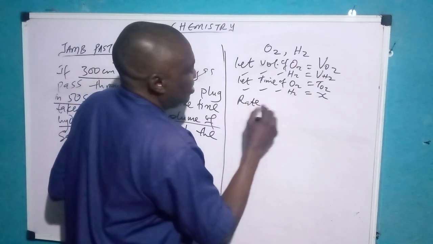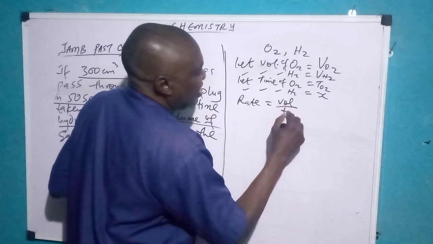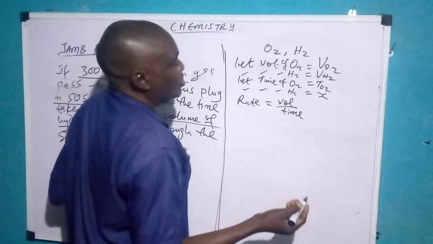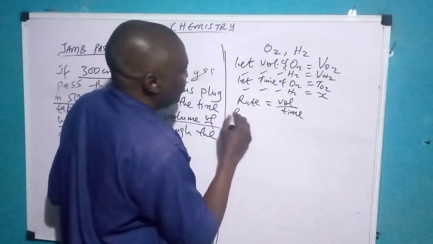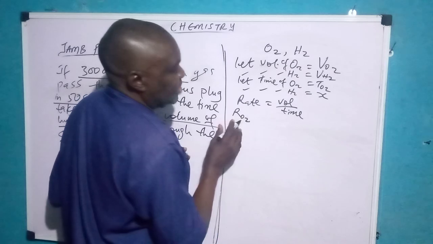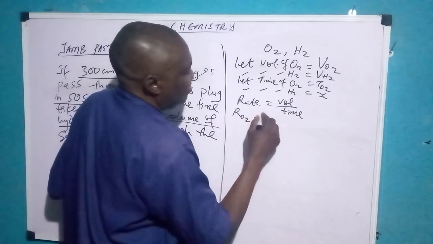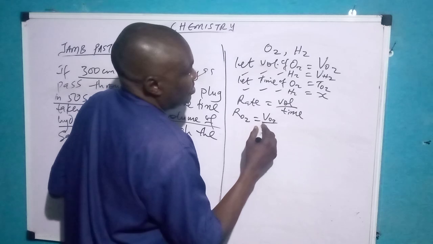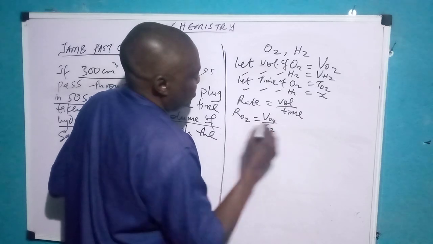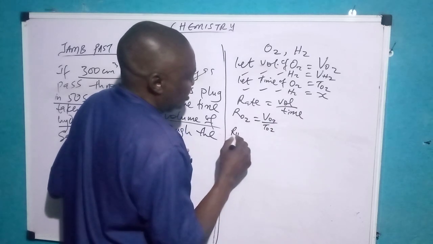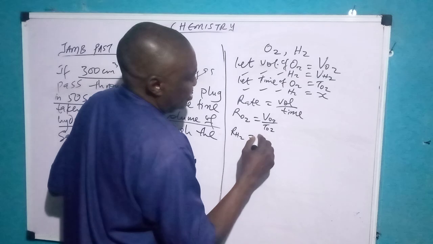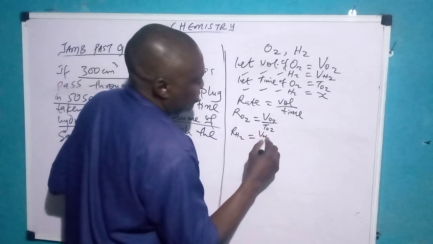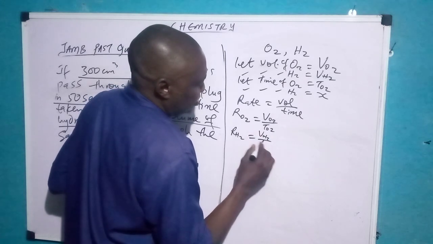Rate equals volume over time. So this formula we are going to use. We now say rate of O2, that's for oxygen, equals VO2 over TO2, while rate of H2 equals VH2 over X.